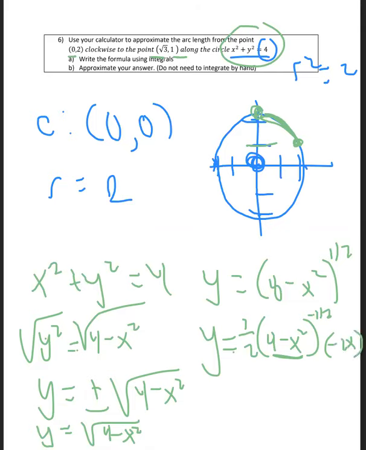So the final derivative for this equation, and I forgot to write y prime, you can cancel this 2 with that 2. It really ends up being negative x over the square root of 4 minus x squared. Does that make sense?